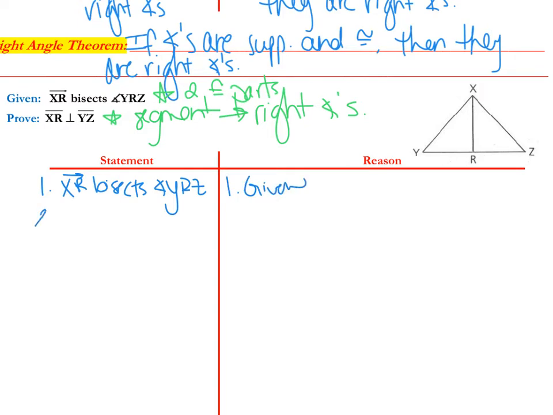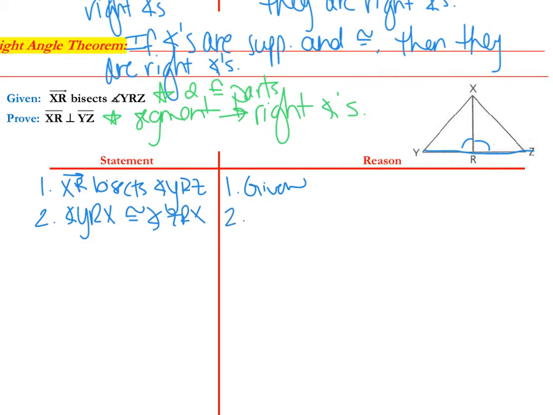Okay. And what does the given tell us? The given tells us that we divide an angle into two congruent parts. So this is angle YRZ. Okay. So these two are going to be congruent. So angle YRX is congruent to ZRX.